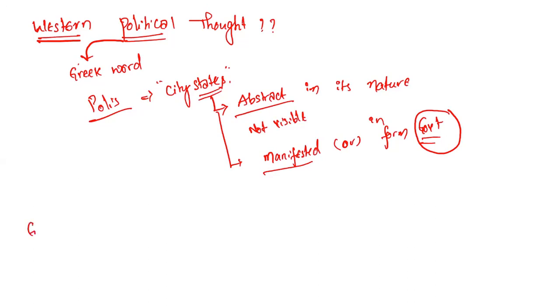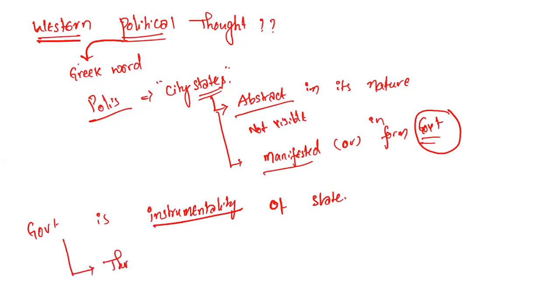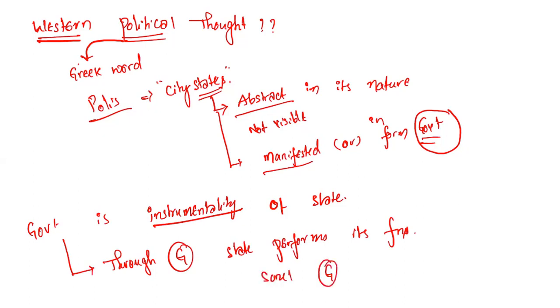Or you can also say government is the instrumentality of the state, which means through government the state performs its functions. Or you can say that state is like a soul, government is like a body.